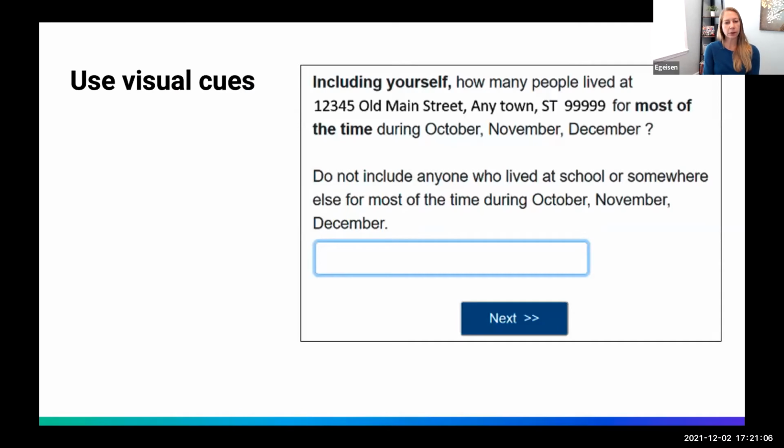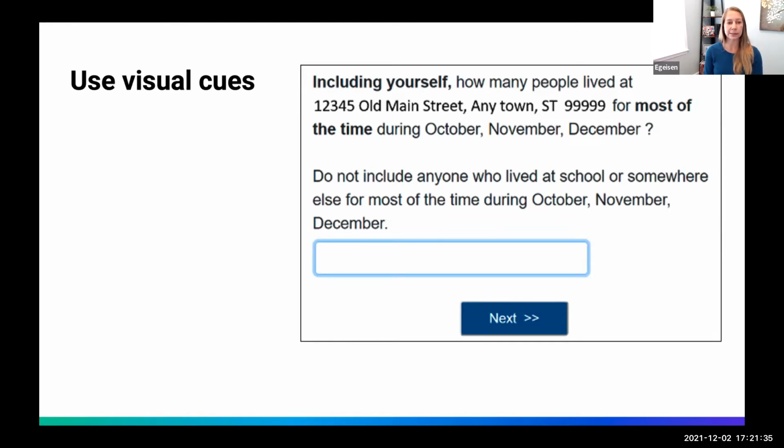Let's think a little more about how we could use visual cues. This is a question that was used on a web screener that I worked on a few years ago before coming to Qualtrics. I was asked to conduct some usability testing to see how people completed the survey. You'll notice that the text is pretty long, so it wasn't surprising that some people did not completely read the question.